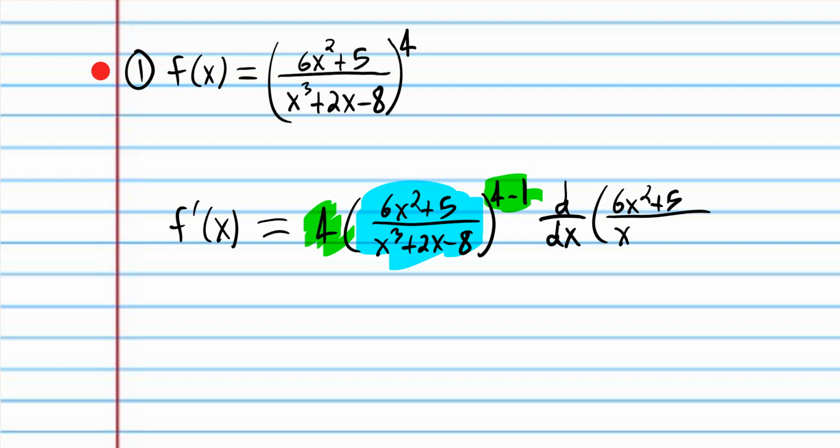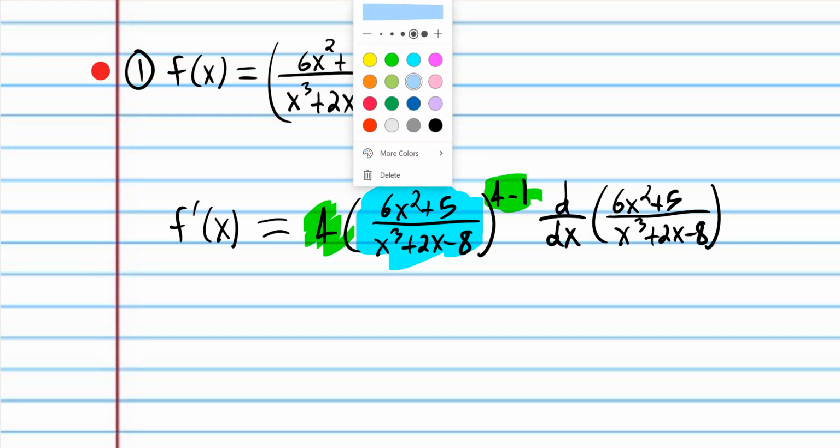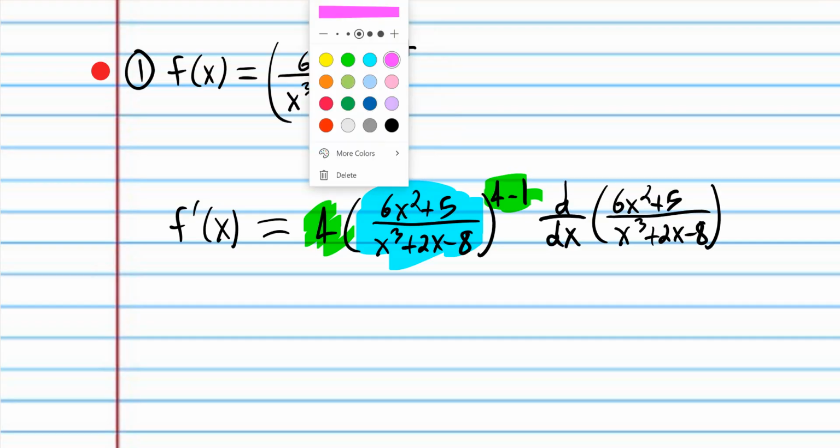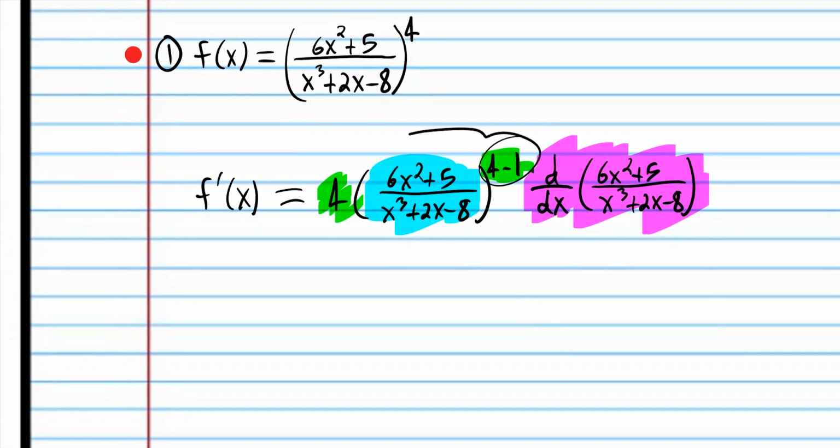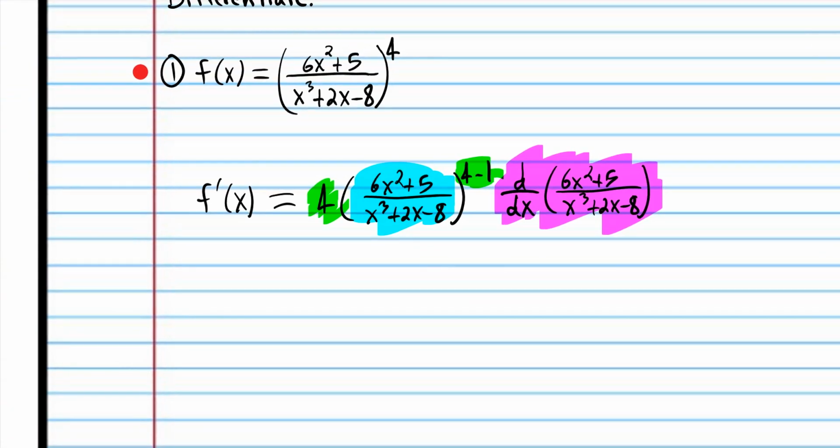So remember, there's 3 steps when finding the derivative of a function where we have to use a chain rule. So first step, find the derivative of the outside function. Second step, keep the inside function. And third step, multiply by the derivative of the inside function.